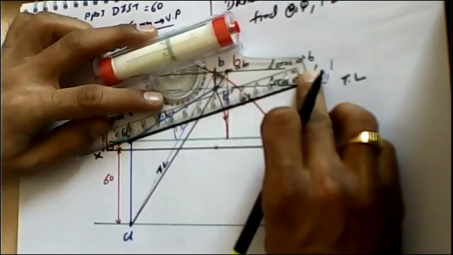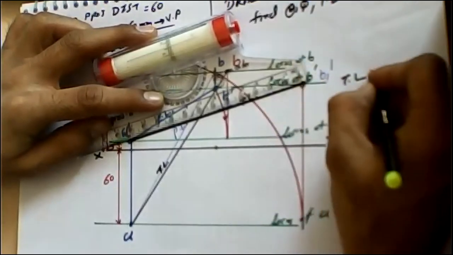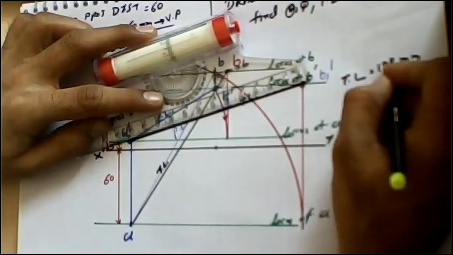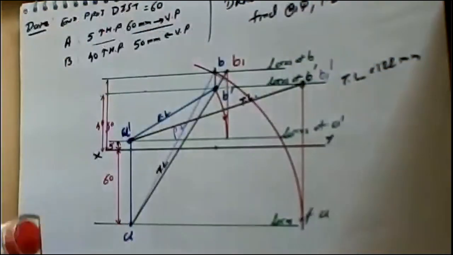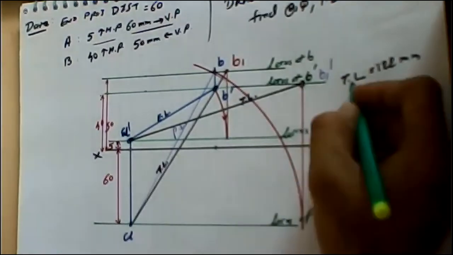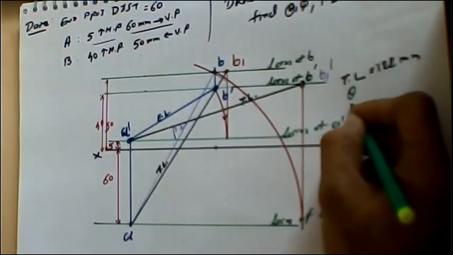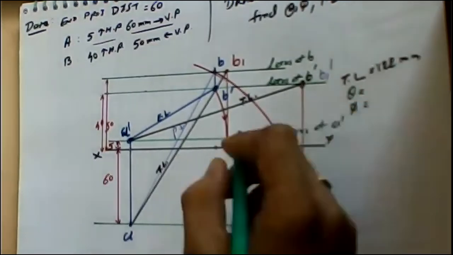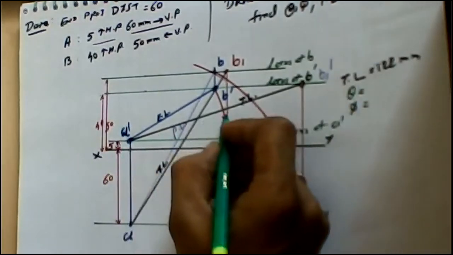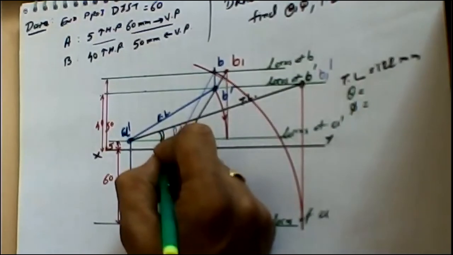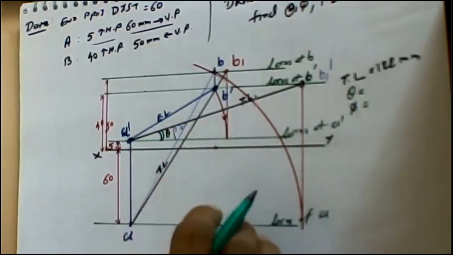What we have drafted is about 120 about. Okay. Now we need to measure the angles also. So what are the angles with horizontal plane and with vertical plane? The angle of true length in elevation with the reference is going to be called theta.